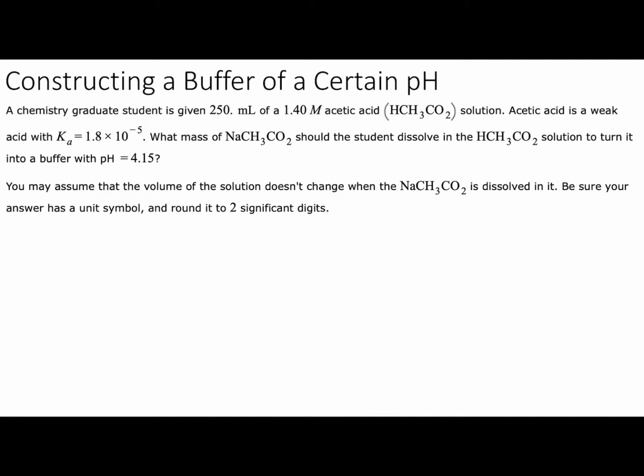The acetic acid, of course, is a weak acid with a Ka of 1.8 times 10 to the minus 5. And the question now: what mass of sodium acetate should the student dissolve in the acetic acid solution to turn it into a buffer with a pH of 4.15? We'll report our answer today to two significant figures.